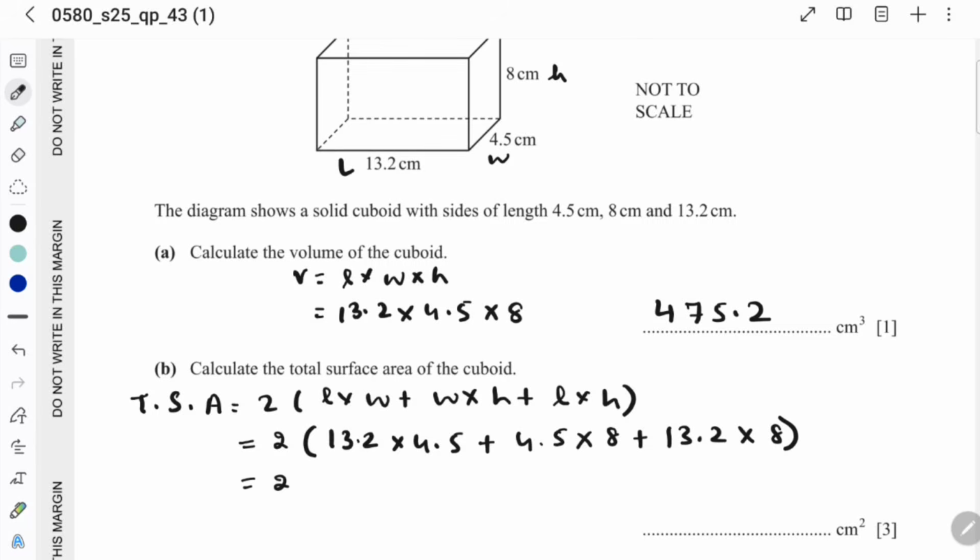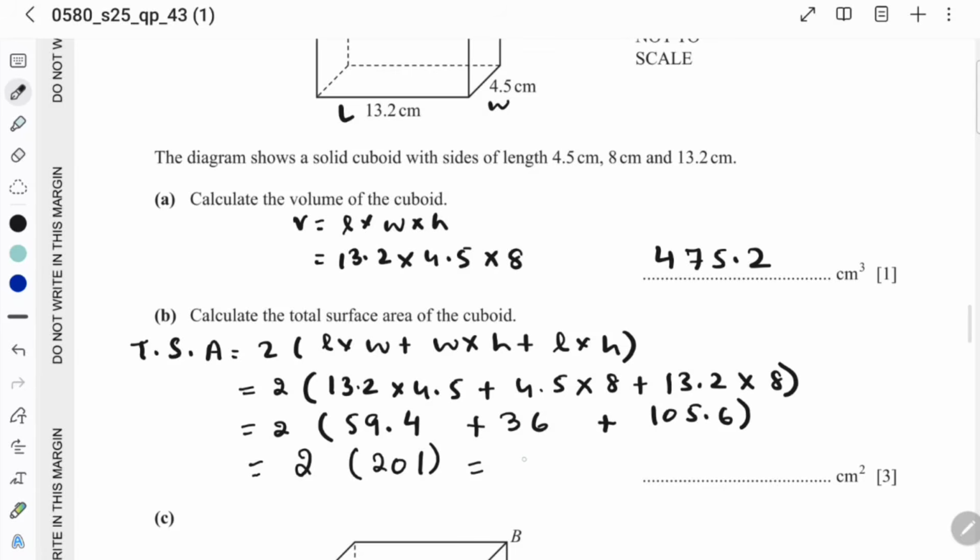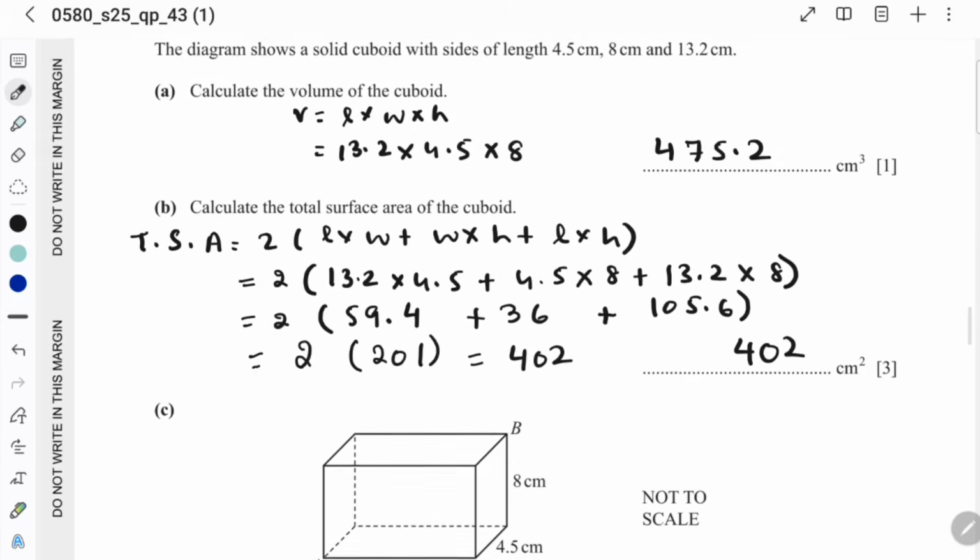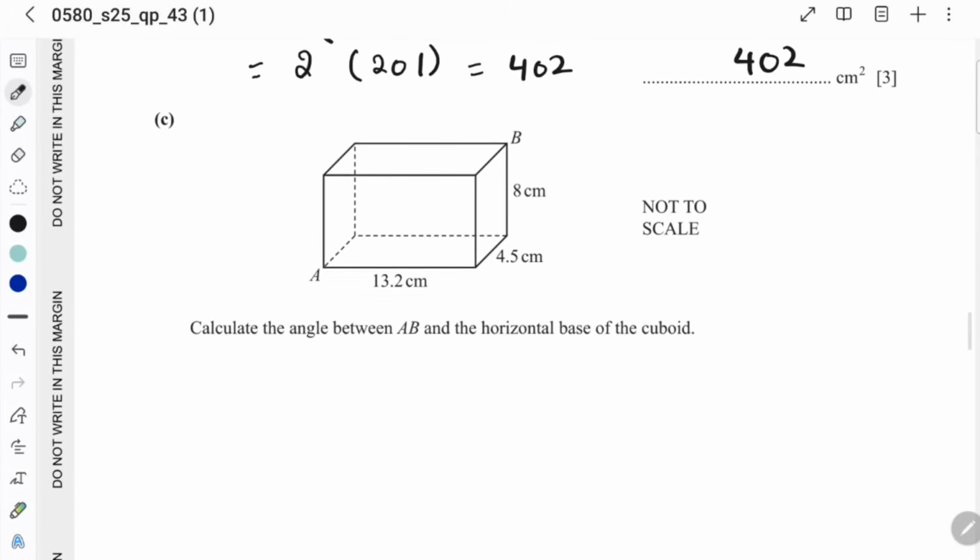Multiply 13.2 times 4.5 is 59.4, then 4.5 times 8 is 36, and 13.2 times 8 is 105.6. Add all of them: 59.4, 36 and 105.6 is 201. 2 times 201 is 402. So 402 is the answer for total surface area, and it was a 3 marks question.